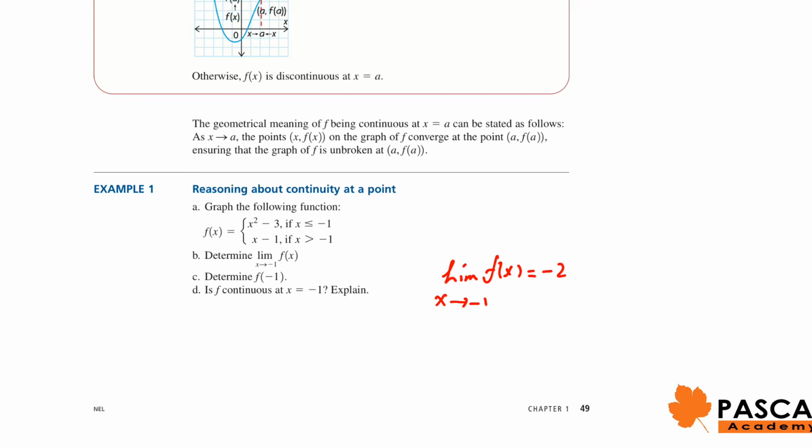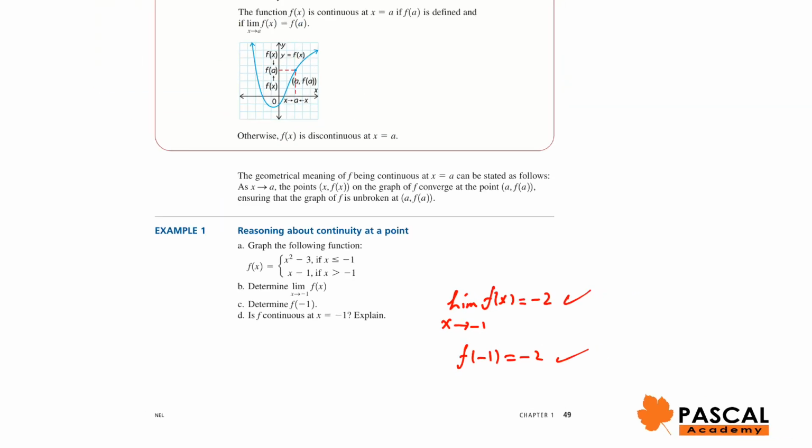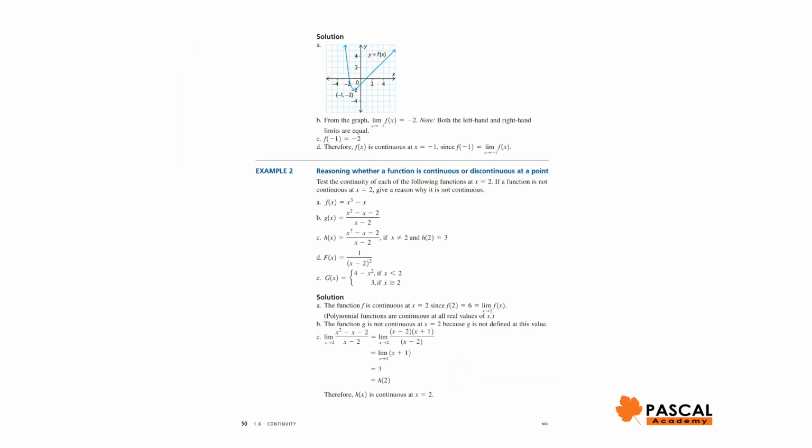f of -1 is also -2. To find f of -1, we plug in -1 into x² minus 3 because we have the equal sign here. And f of -1 is going to be -2. f of x is continuous at x equals -1 since the right side and left side limits are equal, and the limit is the same as the value of the function at x equals -1.